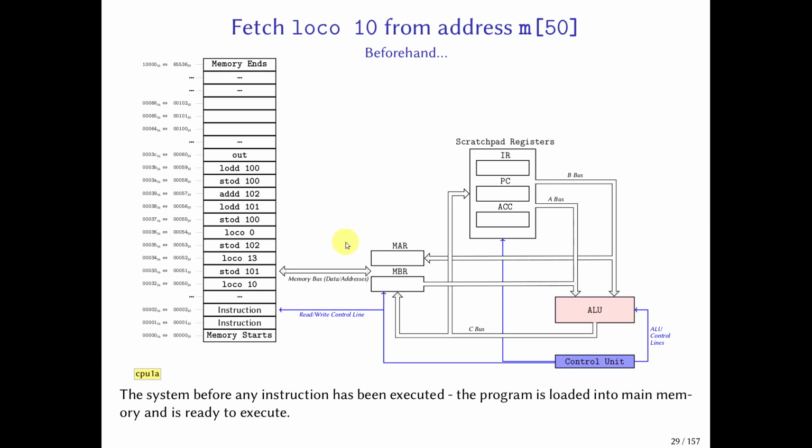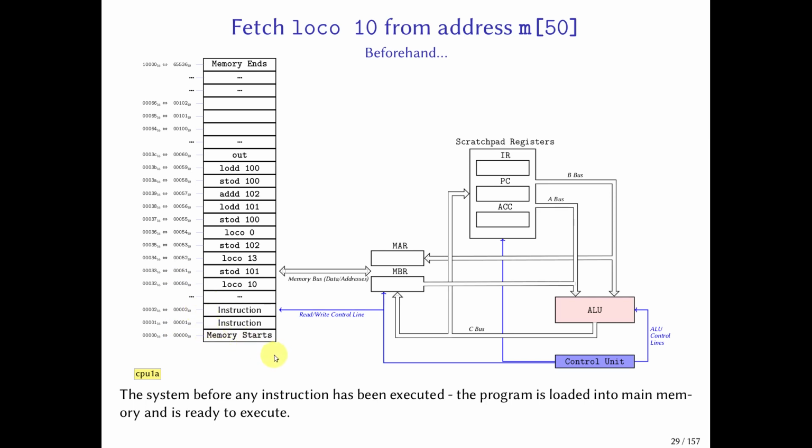So the first slide that we look at just shows us the structure of our computer before we do anything of significance. On the left hand side you can see our main memory, with individual cells. Each cell contains an instruction, and the cells start at 0. Remember that each cell has an address, which is a unique number used to identify the cell that the CPU wants to interact with.